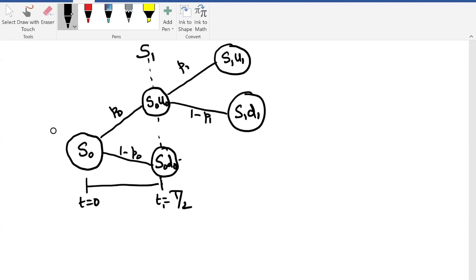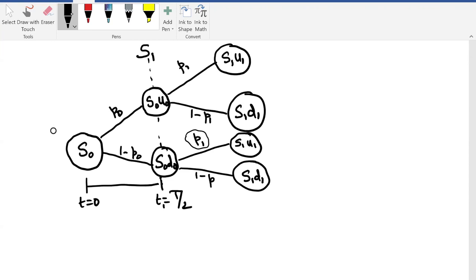And similarly, you have this is S1 U1, and in the second part you have this with probability P1. That is, this is the conditional probability, S1 D1, okay, with the probability 1 minus P1, right? So that is my S2, which is, now how will you write this? Let us come to this a little later.